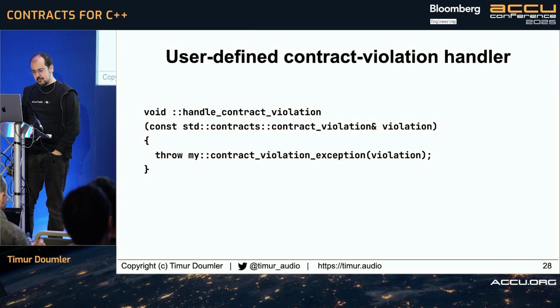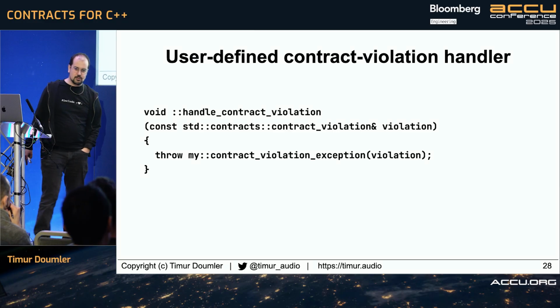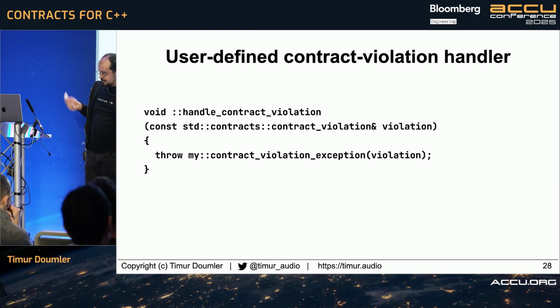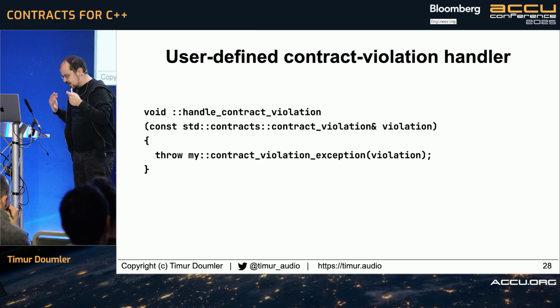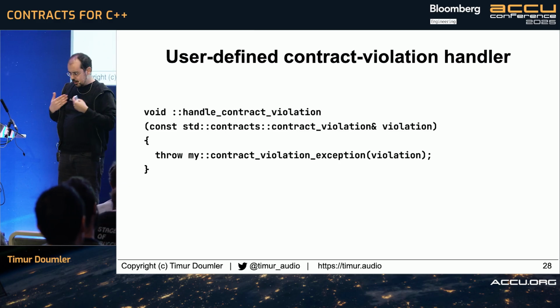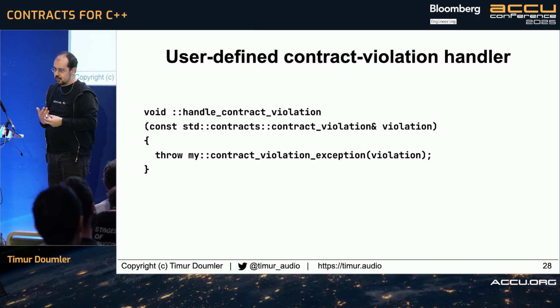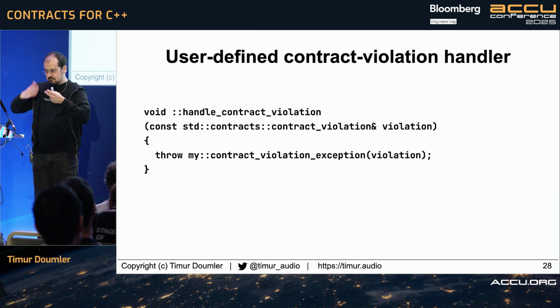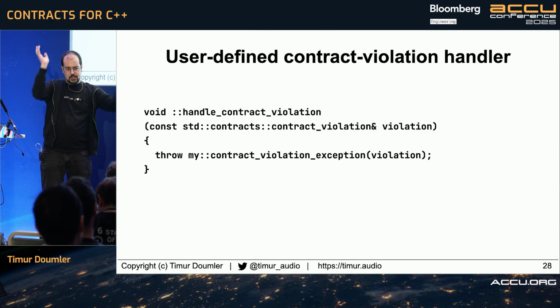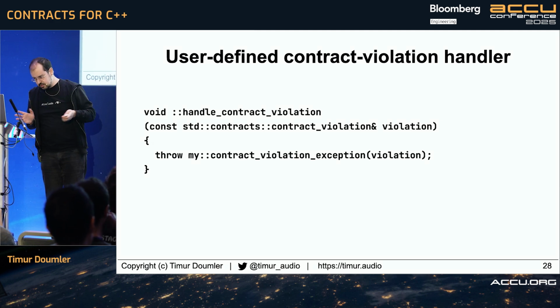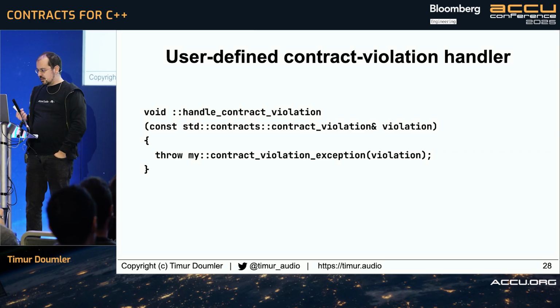You can also throw an exception. That's very interesting. What that's going to do is unwind the stack. So in this way, you can handle a bug in a way that doesn't terminate the app and doesn't keep going, but instead unwinds the state to somewhere else where you can maybe handle this. This is maybe a bit unusual, but you can do it.